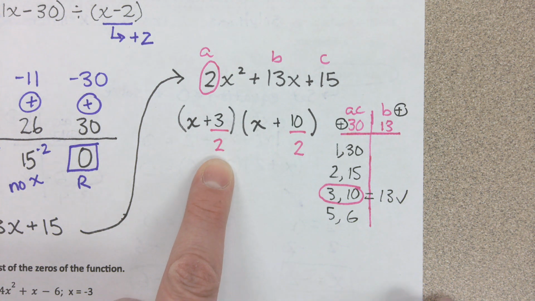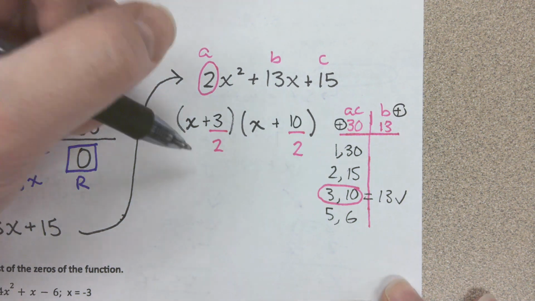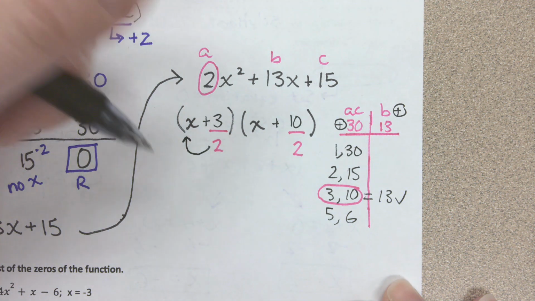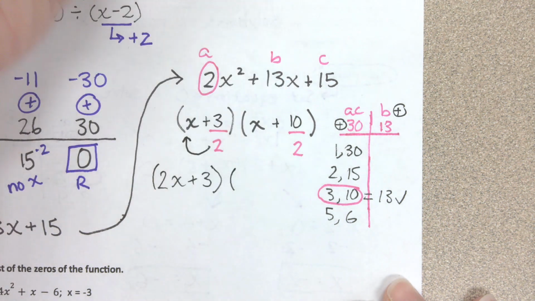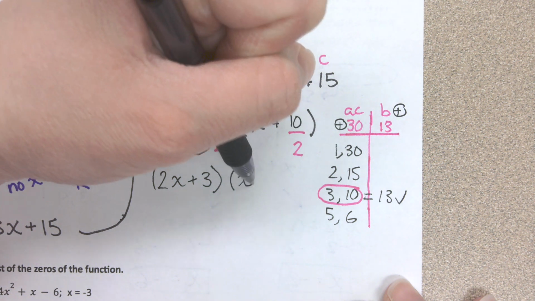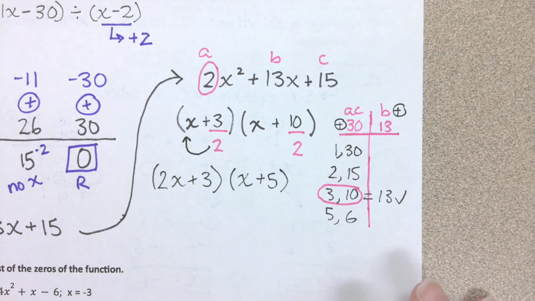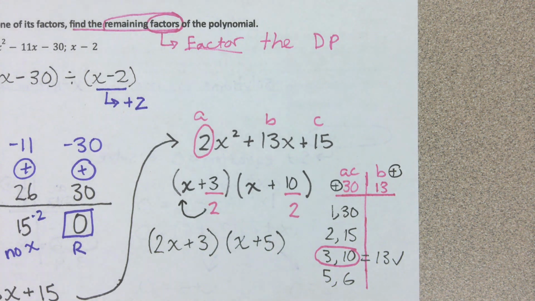Otherwise, we'll slide. 3 divided by 2 is a decimal, so I'll slide that 2 in front of the x value, giving me 2x plus 3. My second set, 10 divided by 2 is just 5, so I'll do that. X plus 5 for the second set. And I'm done. All I had to do was factor the DP.